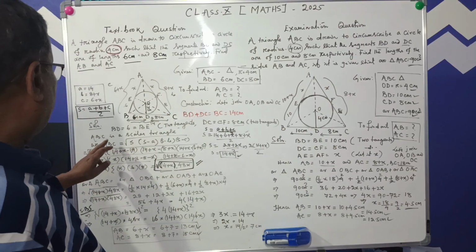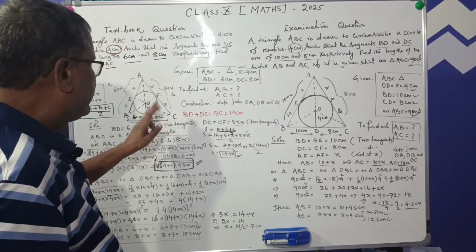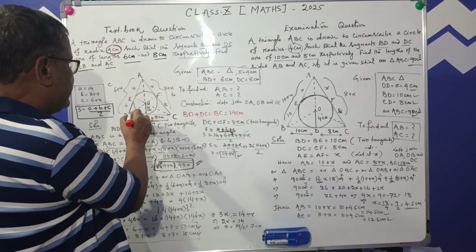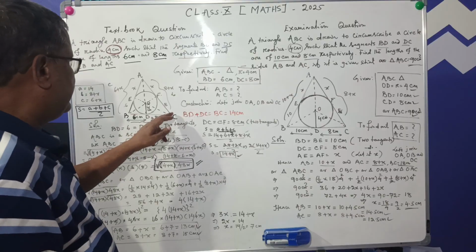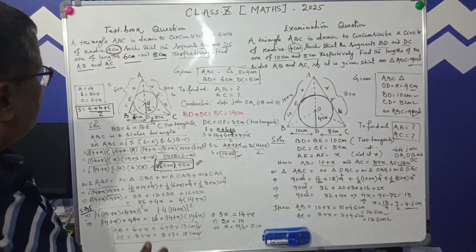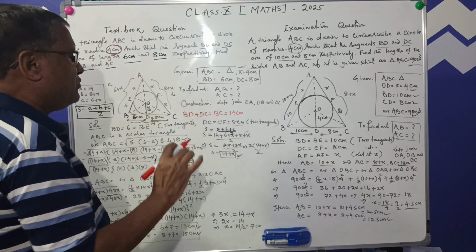So ABC is a scalene triangle. How is it scalene? BC is 14 cm, BE is 6 cm and CF is 8 cm. According to the same logic, A is an external point and AE and AF are two tangents.